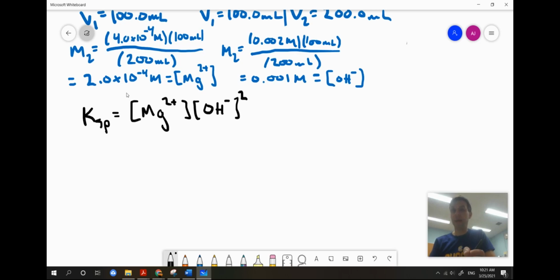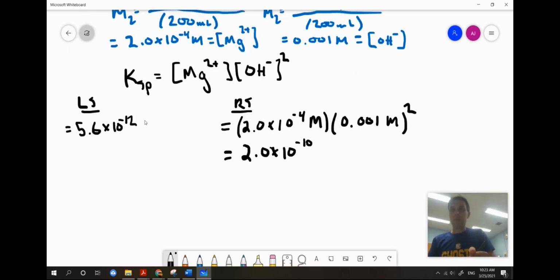And we're going to compare the left side and the right side of this equation. Now that I've calculated these values on the right-hand side, I compare it to my KSP value on the left-hand side, and I see that this ion product is greater than the KSP. And if that's the case, we predict that a precipitate will form.